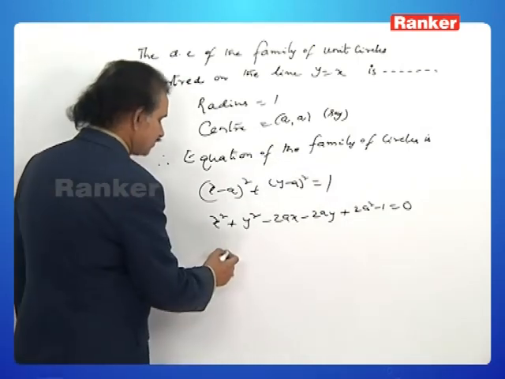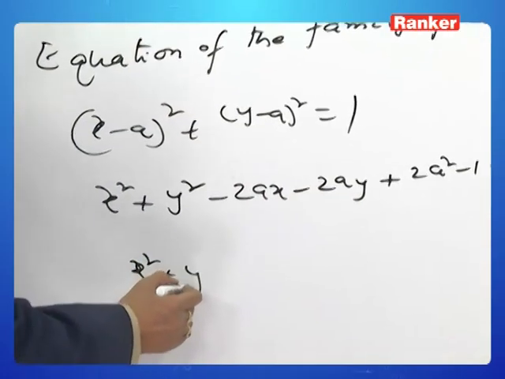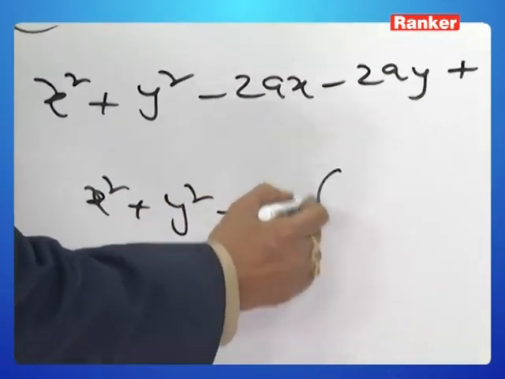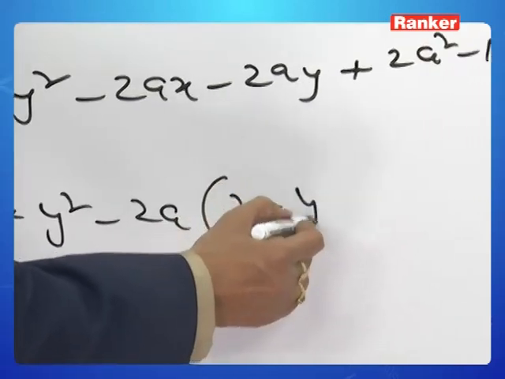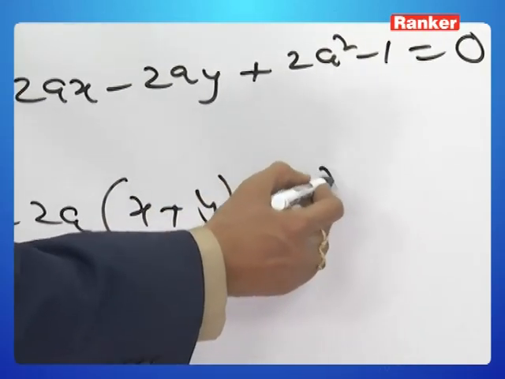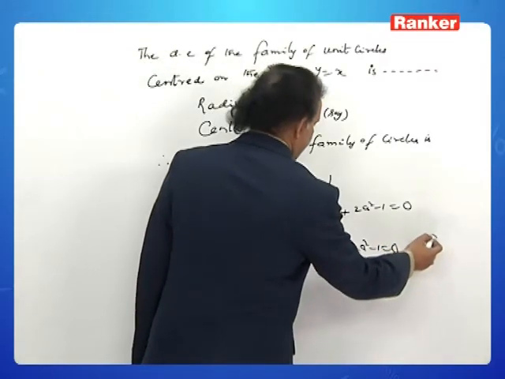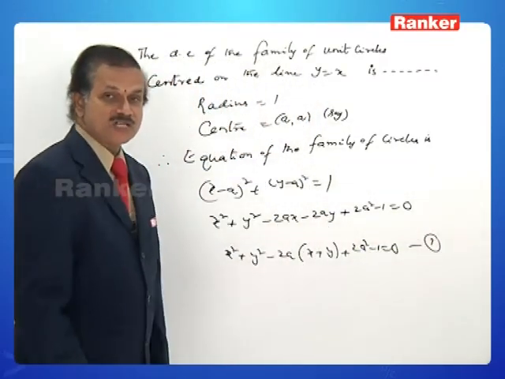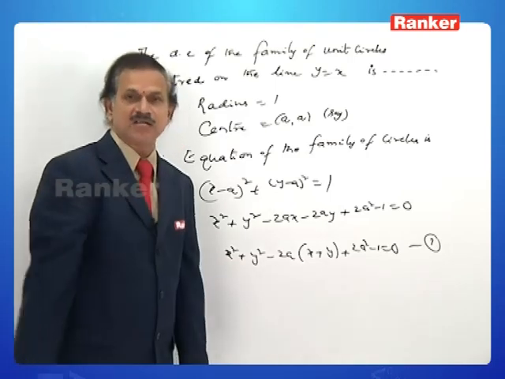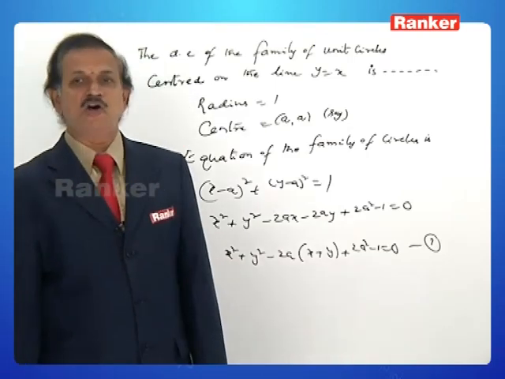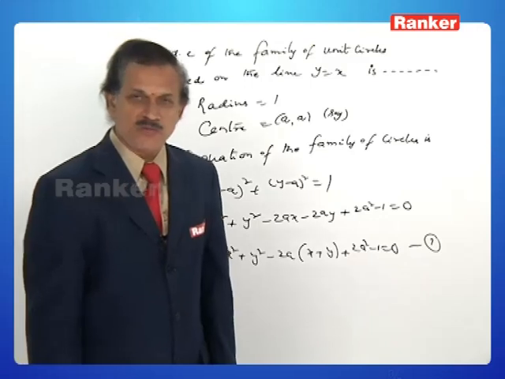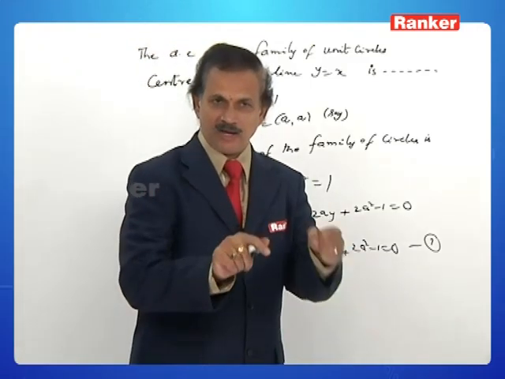That is x square plus y square minus 2a into x plus y plus 2a square minus 1 is equal to 0. This is the equation of the given family of circles. We have not yet produced the differential equation. We are now to do it.